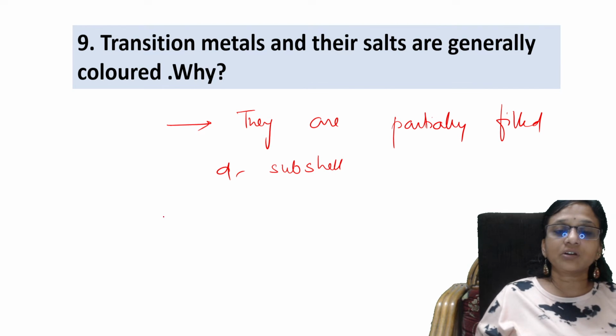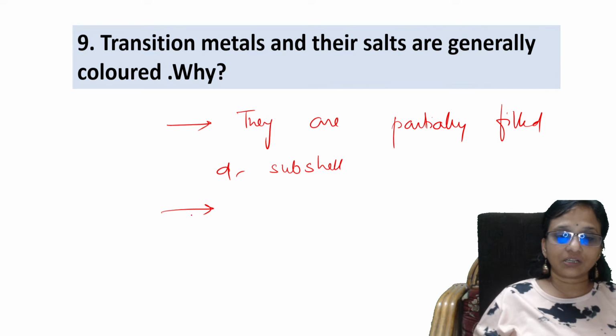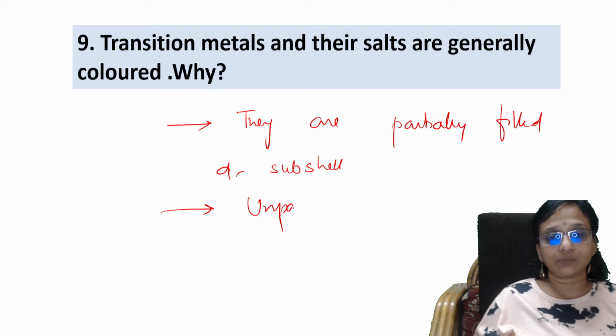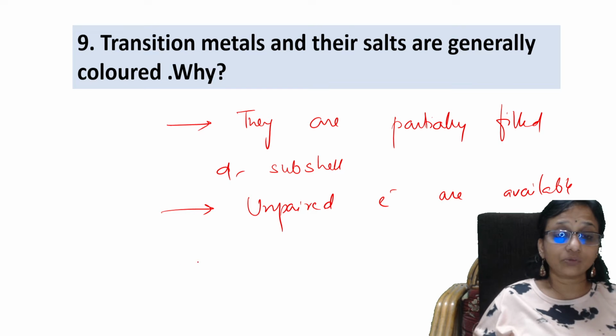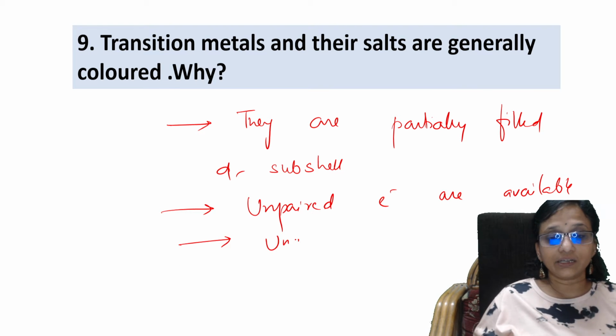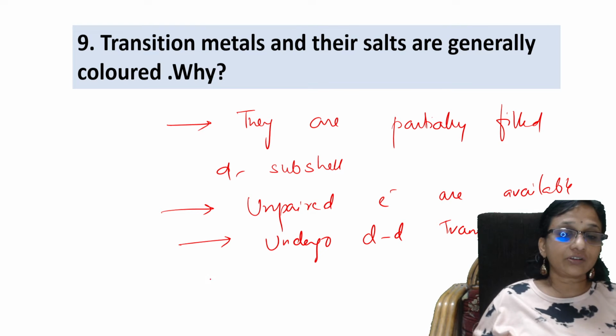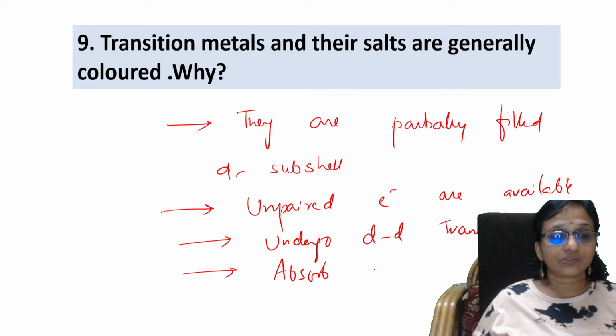Because of this partially filled D subshell, unpaired electrons are available. These unpaired electrons, what will they do? They will undergo d-d transition. When they undergo d-d transition, they absorb radiations from the visible region.